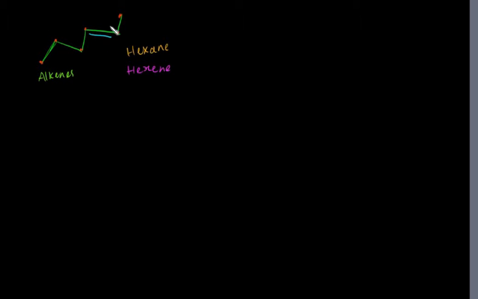This double bond can be here, or here, also here, or here. There are many different possible positions for this double bond. So what I need to do now is to focus on the position of this double bond. So what can I do?